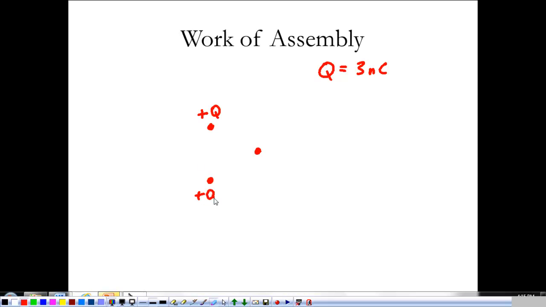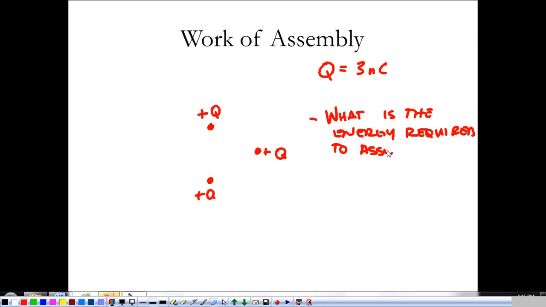Each one of them is plus Q. And the question would ask something like, what is the energy required, or the work required, to assemble these charges, to bring them together from infinity?